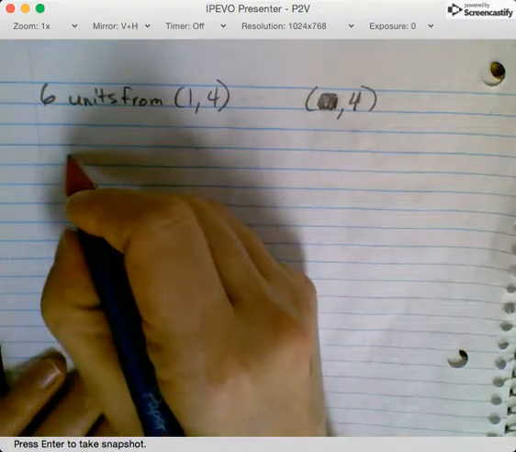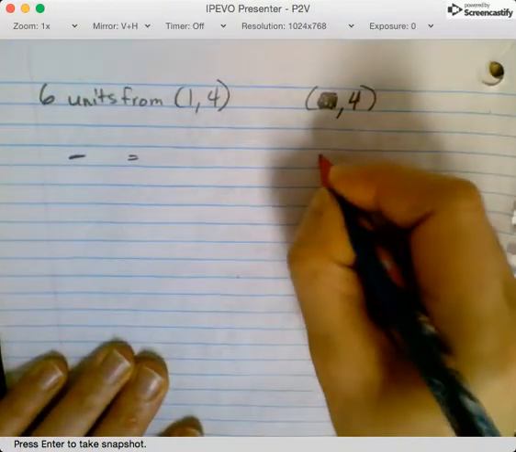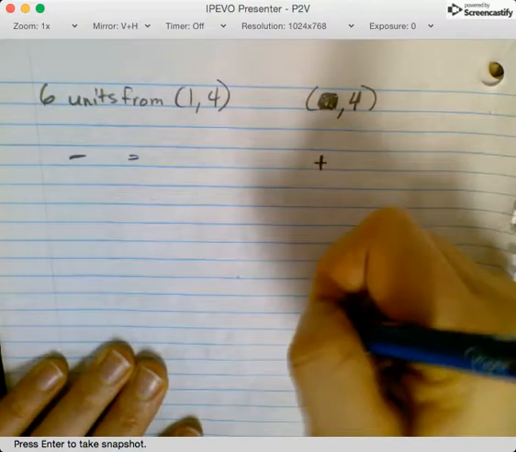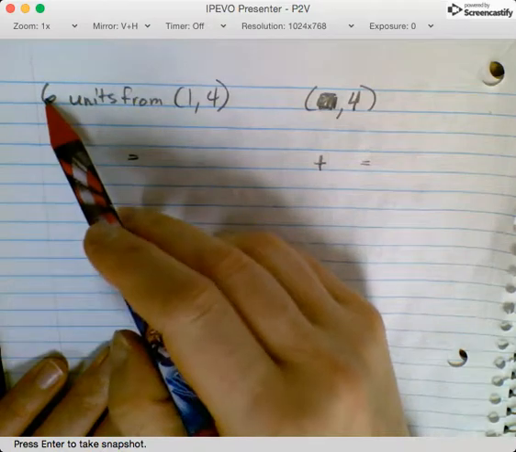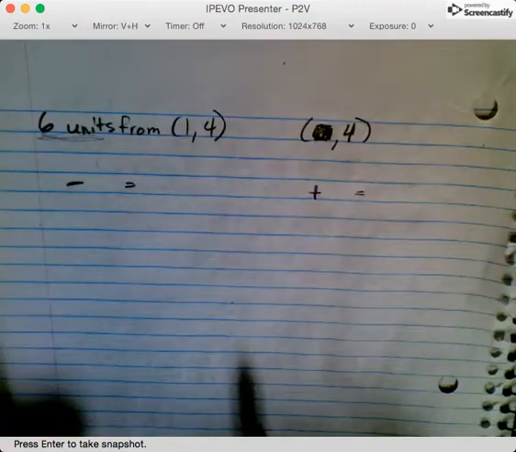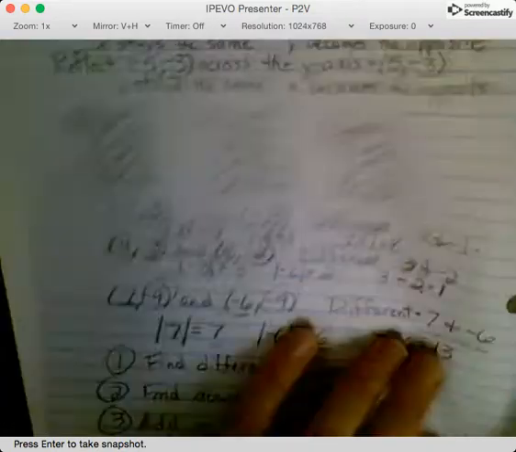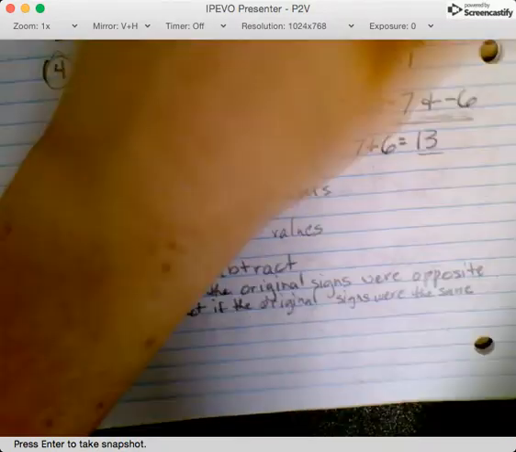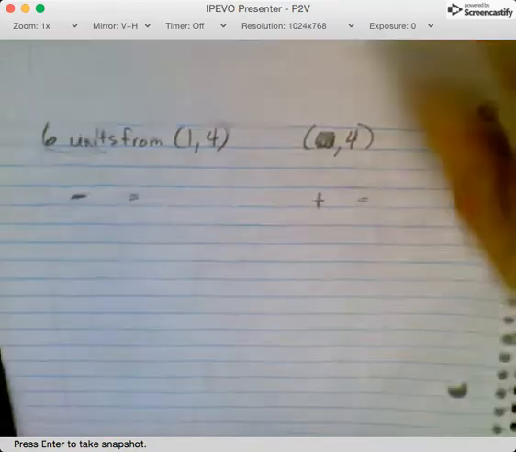Remember from the other video, you can either subtract or add when you are talking about distance. The units is the distance we found using that formula we talked about at the beginning. So we're just working backwards using that formula.